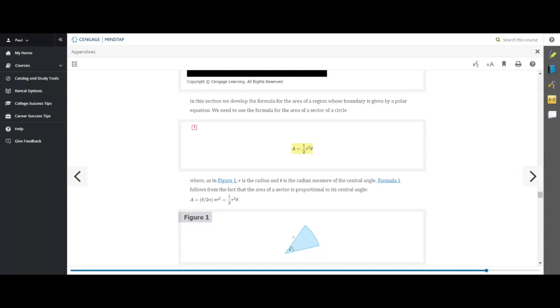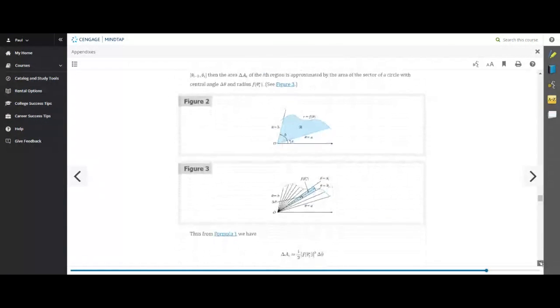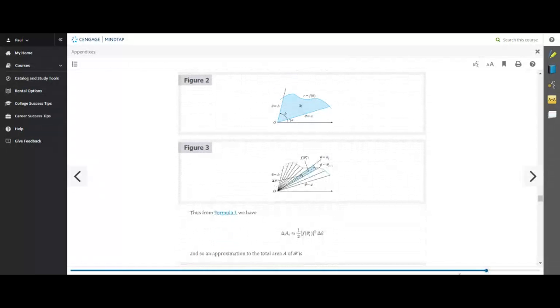And remember that to approximate the area in figure 2, we need to inscribe a bunch of sectors of circles of different radii, and add up those areas.